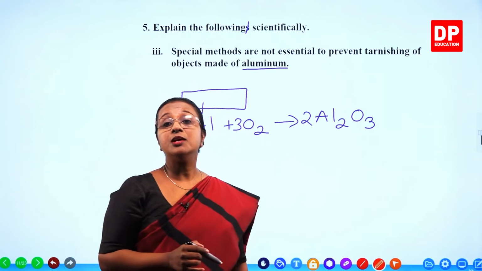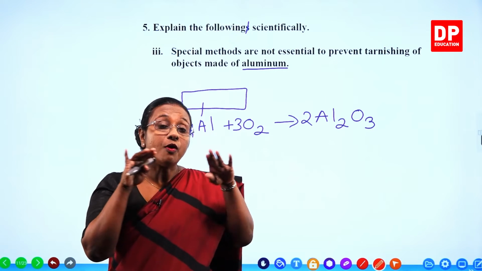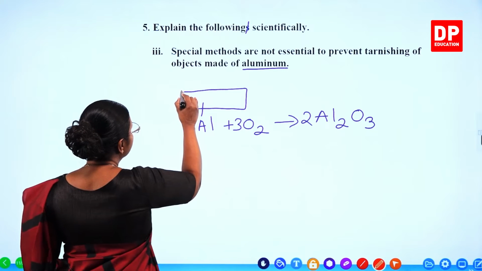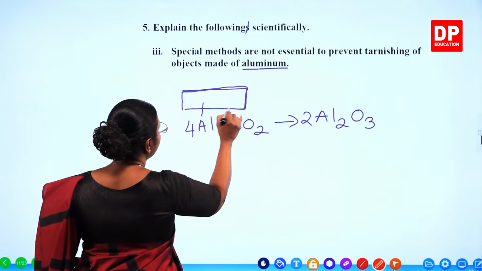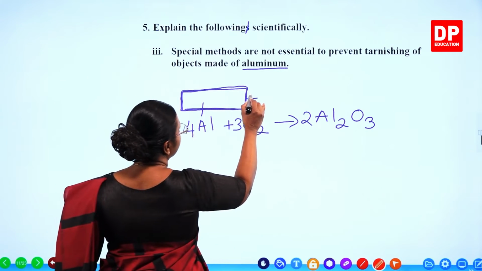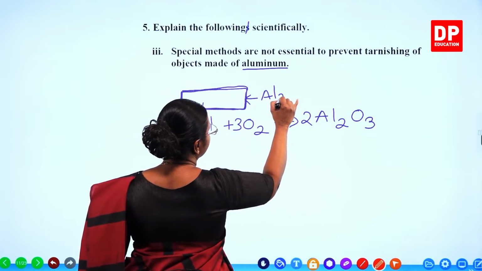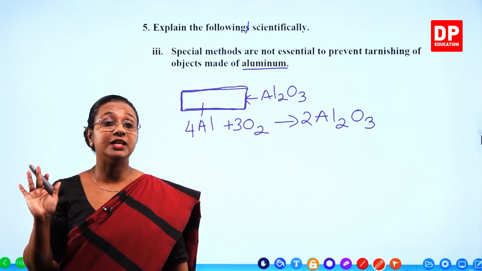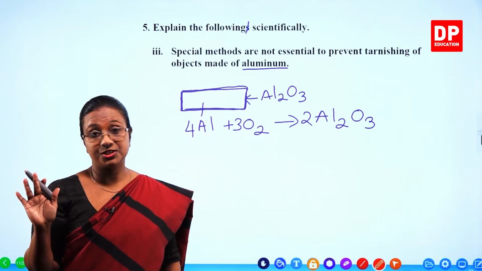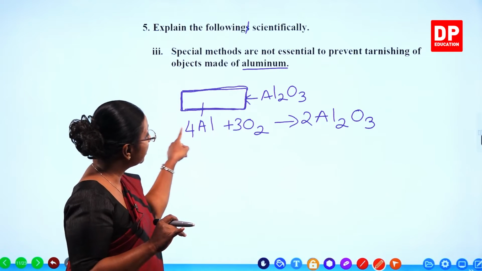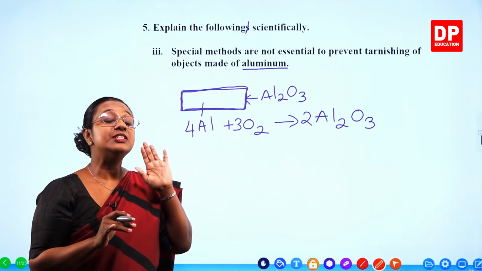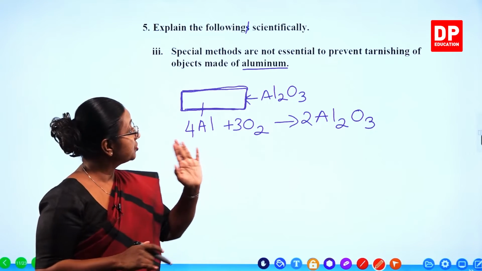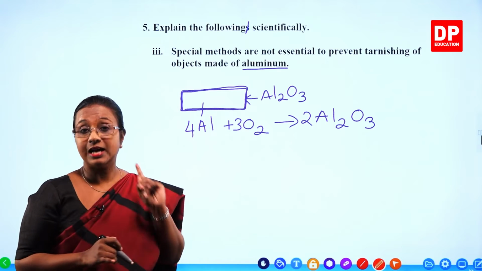This aluminium oxide forms a thin layer over the aluminium. So there will be a very thin layer of aluminium oxide over this aluminium metal, and that protects the aluminium from further reaction. When this aluminium oxide forms, the shine will be reduced or lost to a certain extent. That is what we call tarnishing.